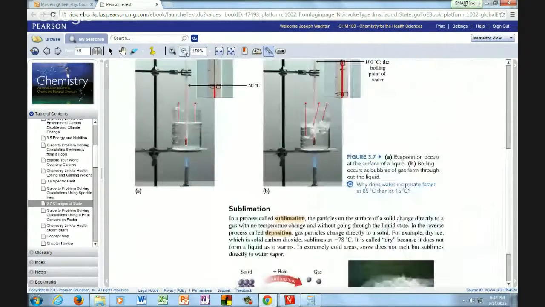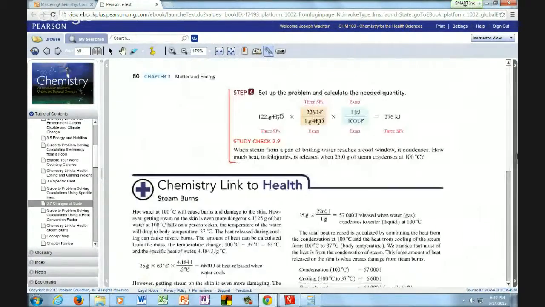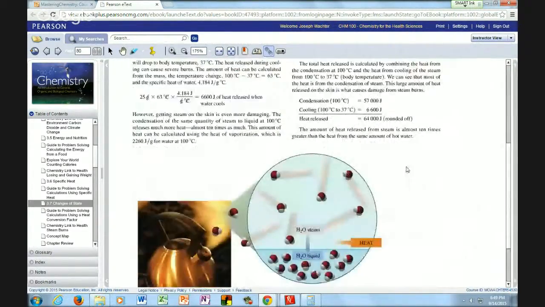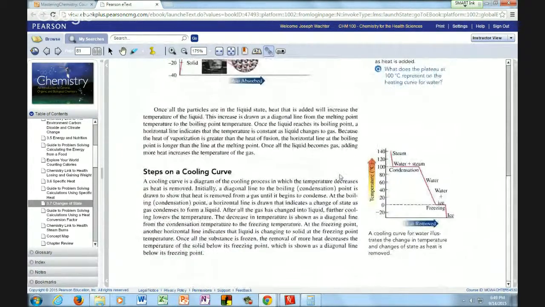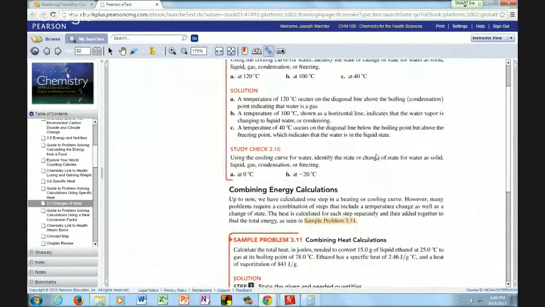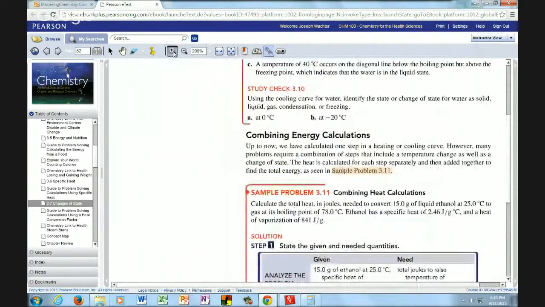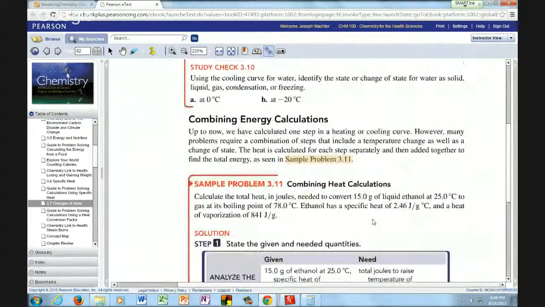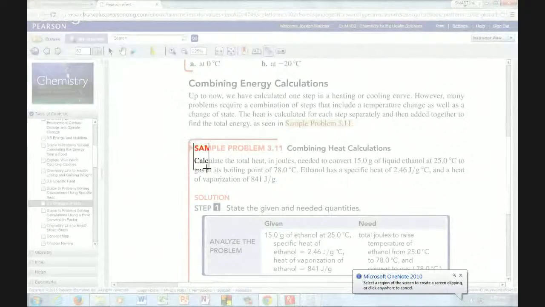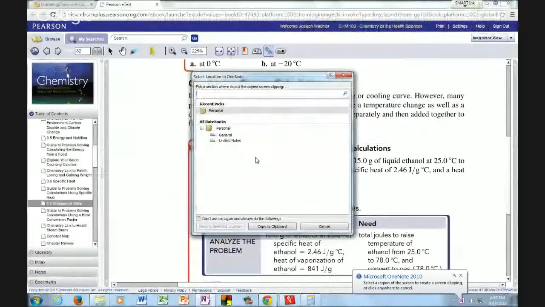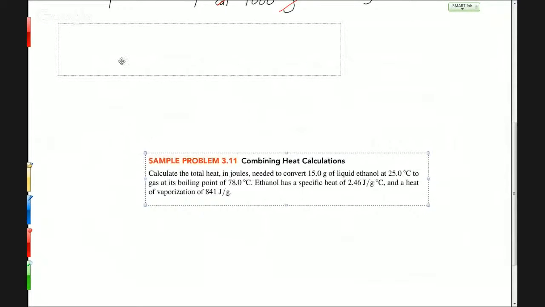Sorry, I'm zoomed way in, so it's taking forever to get through the pages here. Oh, there's one. Okay, let's try this one. So this is similar to a lab type calculation. You can see how the book goes through this as well, but we'll look at it. Good example of this type.